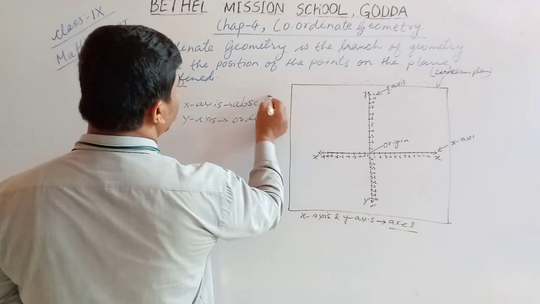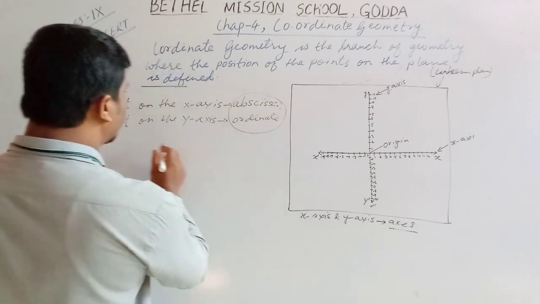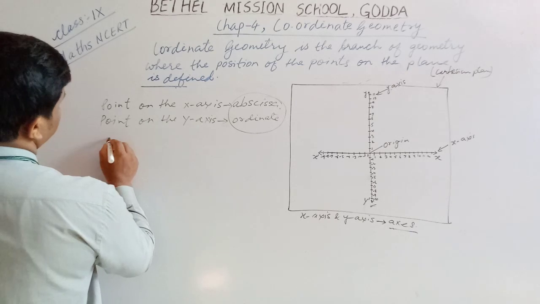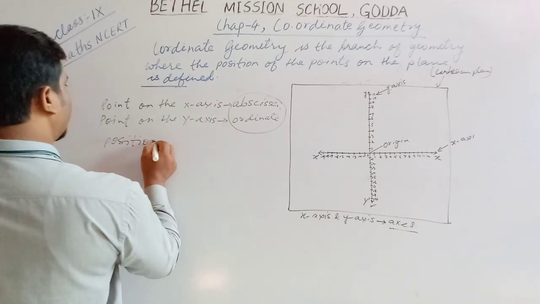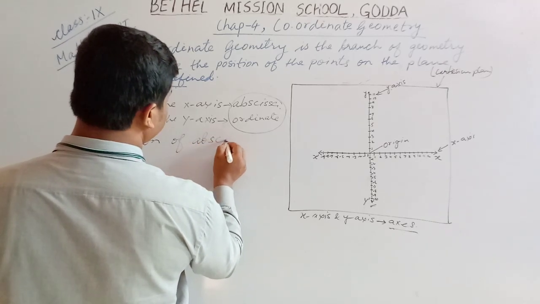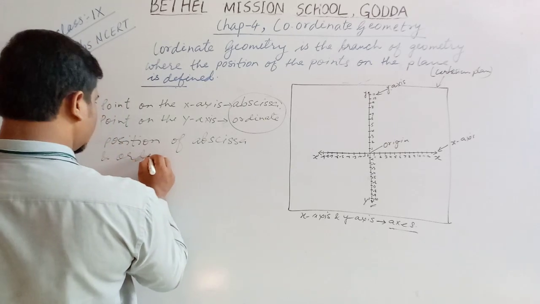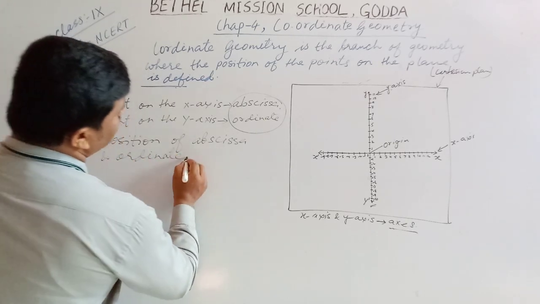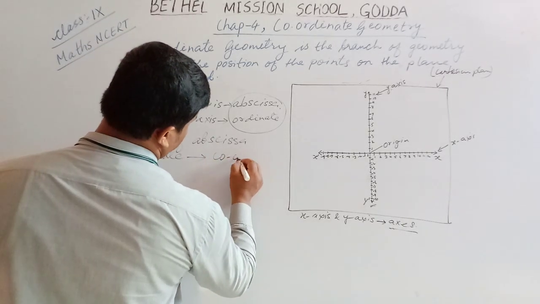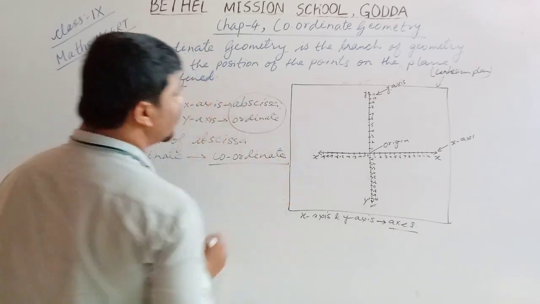And when we locate both together, that position of abscissa and ordinate is called the coordinate. Now you understand what a coordinate is?